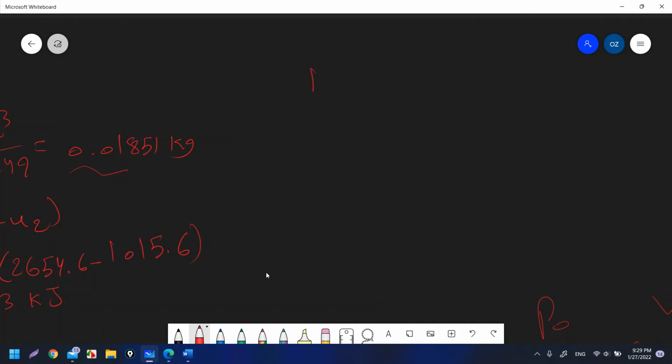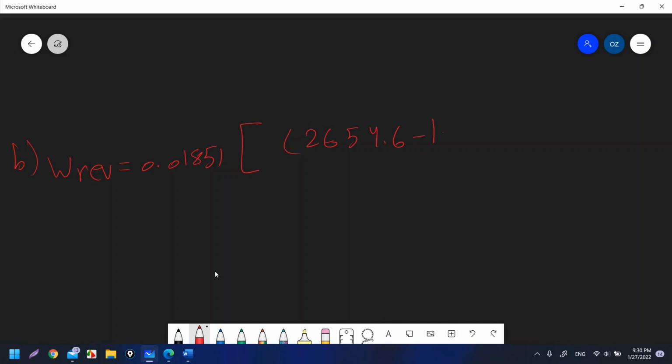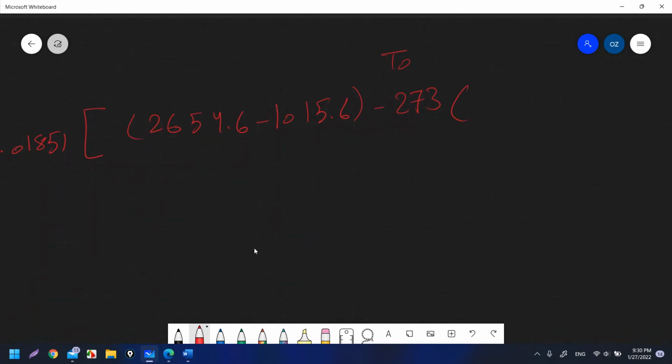For the second part, part B, we want to find the reversible work, and we said that is equal to the mass, 0.01851, times the difference in specific internal energy, U1 minus U2, because it was the work out and we distributed the minus, like this: 2654.6 minus 1015.6, minus 273, that is T naught, which is 0 Celsius, times 7.5081, it is the S1, minus 3.1479, S2.